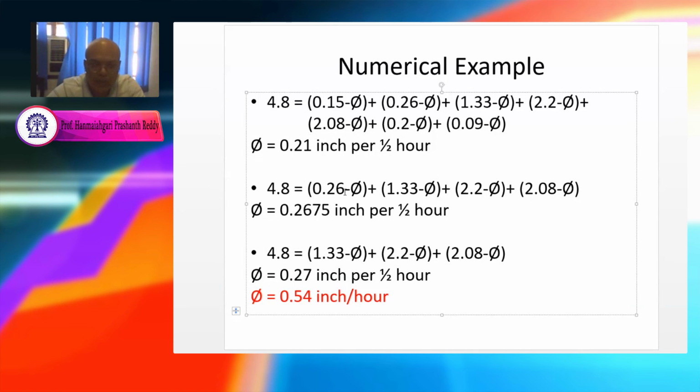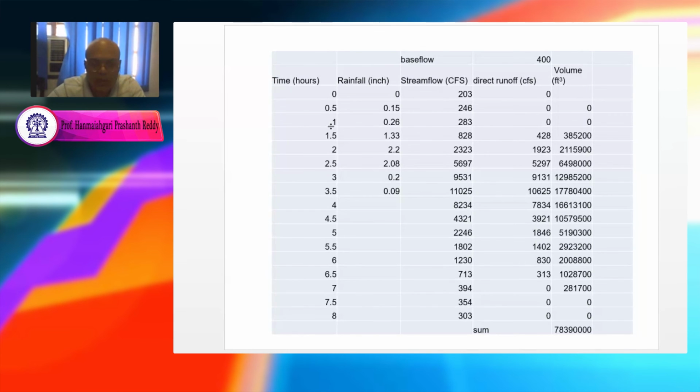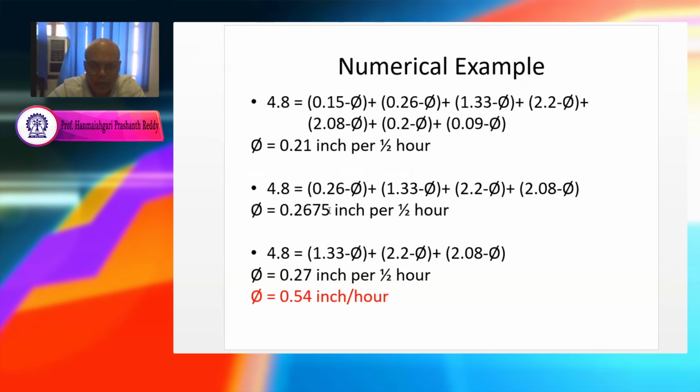So we have to modify our phi value again. So 4.8 is equal to 0.26 minus phi plus 1.23 minus phi plus 2.2 minus phi plus 2.08 minus phi. From this, phi is calculated as 0.2675 inch per half an hour. But in this also, the 0.26, the rainfall which falls in one interval, that is 0.5 to 1 hour, doesn't contribute to the direct runoff.